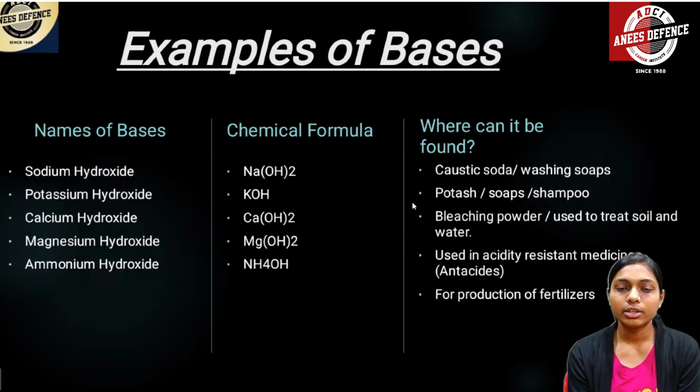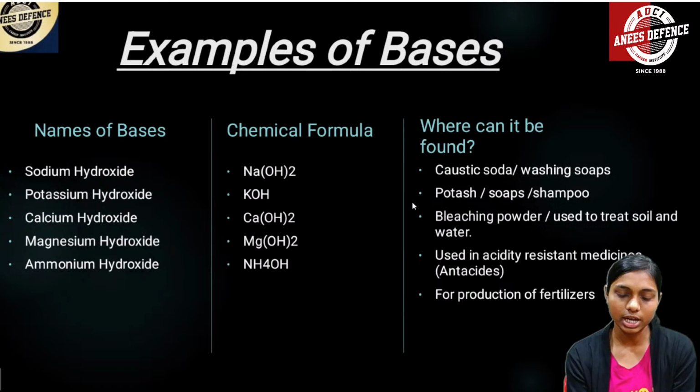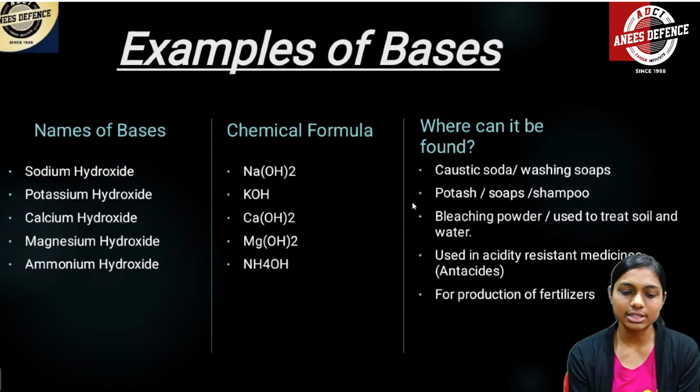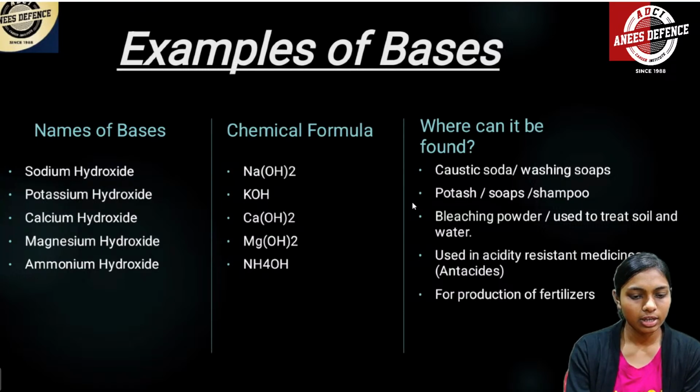Calcium hydroxide, Ca(OH)2, is also known as bleaching powder in our daily life and is used to treat soil and water. Magnesium hydroxide, Mg(OH)2, is used in acid-resistant medicines like antacids, which are always used to treat acidities. Then comes ammonium hydroxide, NH4OH. This base is basically used for the production of fertilizers.